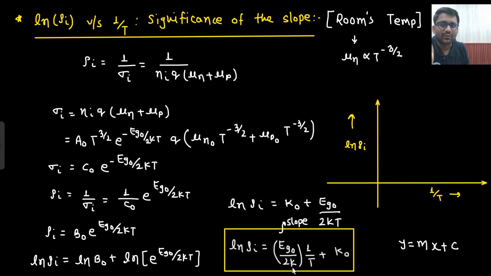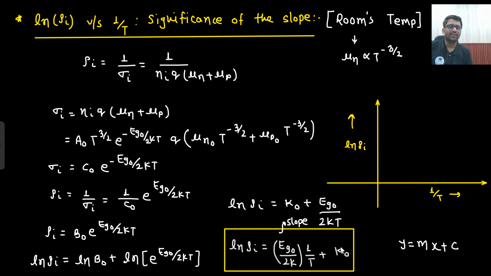So the slope of ln rho i versus 1 by T represents the band gap. If you know the slope of the ln rho i versus 1 by T graph, then you will be able to know the band gap. So what is the significance? Significance is band gap. If someone asks you what you can find out with the use of the slope of the ln rho i versus 1 by T graph, you can find out the band gap of the material.